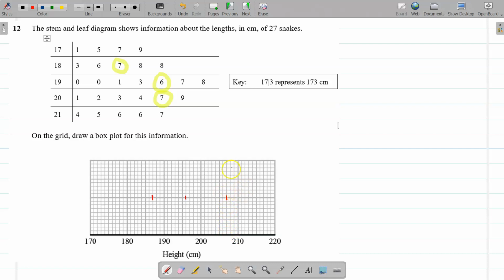And the range goes from 171, that's the lowest length snake, and up to 217, which is there. Okay, so we've now got the 5 key pieces of information. So we just take some straight lines and we make a box. It doesn't matter how wide the box is.